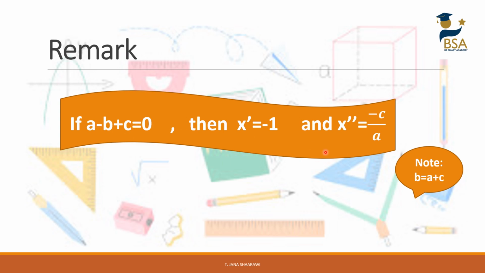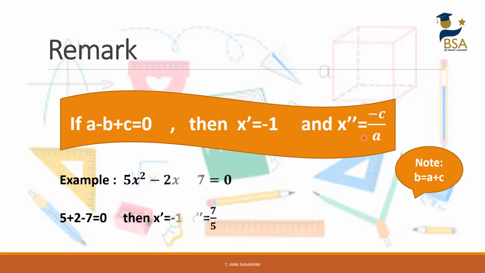So if you have this case, directly you can say x prime equal minus 1 and x double prime equal minus c over a. Example, 5x squared minus 2x minus 7 equal to 0. We have here 5 minus 2, which is plus 2, plus c, which is minus 7. The answer is 0. So directly x prime equal minus 1 and x double prime equal minus c over a, which is minus 7 over 5, so it's 7 over 5.